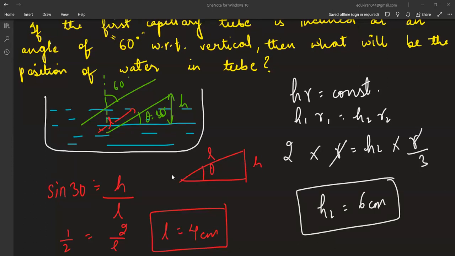Yes, see, position does not mean the inclination or the height. Position means this length. So whenever position of water is asked, or status of water is asked, or up to, or the length of water is asked, in all cases you will find the length.